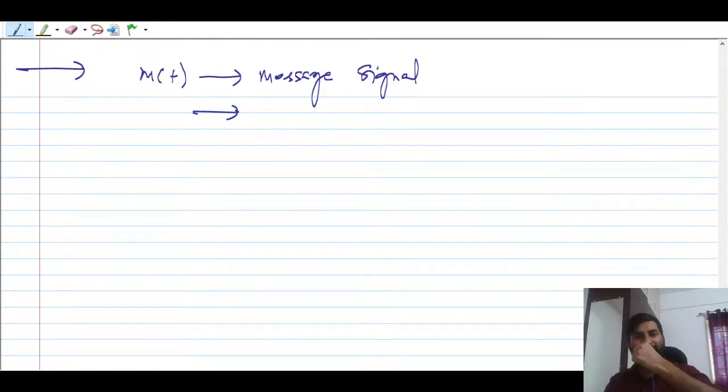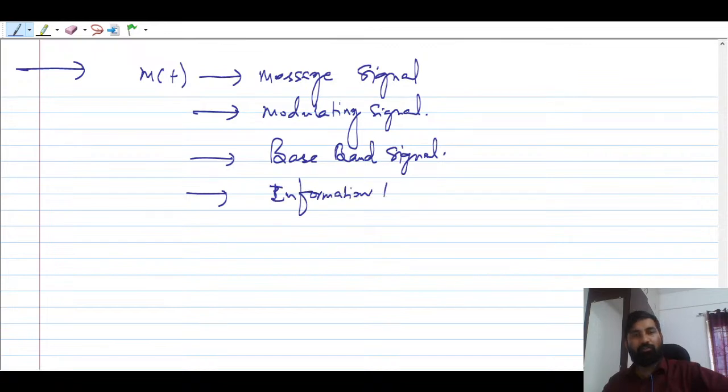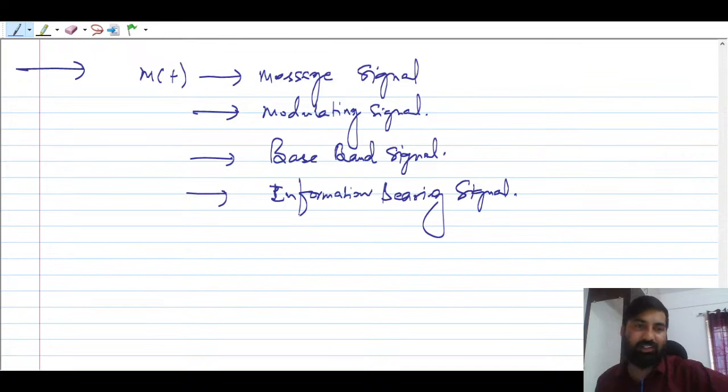It's a modulating signal, we have to modulate this guy. Also we call it a modulating signal, or sometimes a baseband signal. क्या इसको बोलते हैं? Baseband signal. If you refer to different books, like Taub and Schilling, you will find information bearing signal. Means the message signal has some information, right? These are the names of this signal.